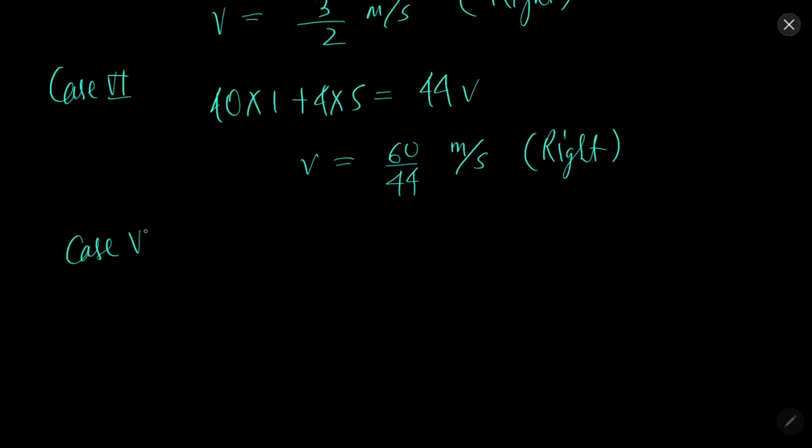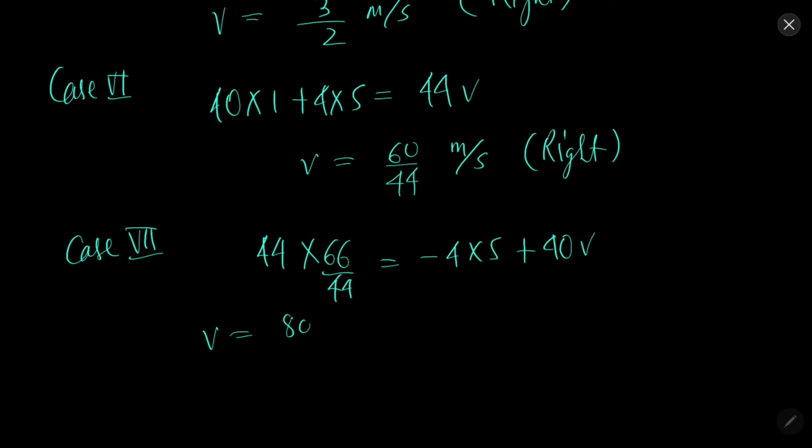Then case 7. When B throws the ball, again applying conservation of linear momentum, 44 into, minus 4 into 5 plus 40 into V. So V will be 80 by 40, that is minus 2 meters per second, this time towards right.